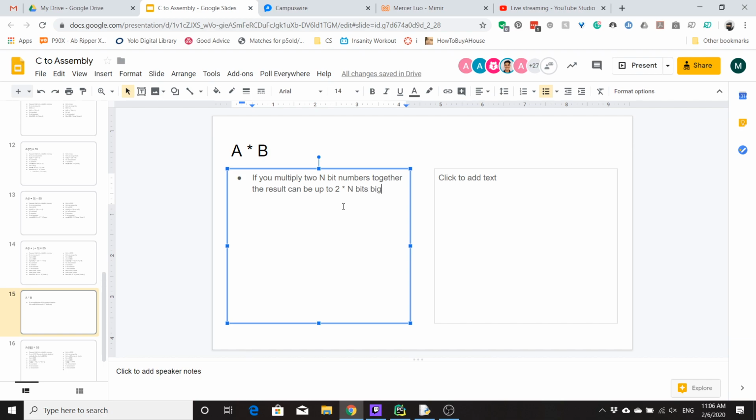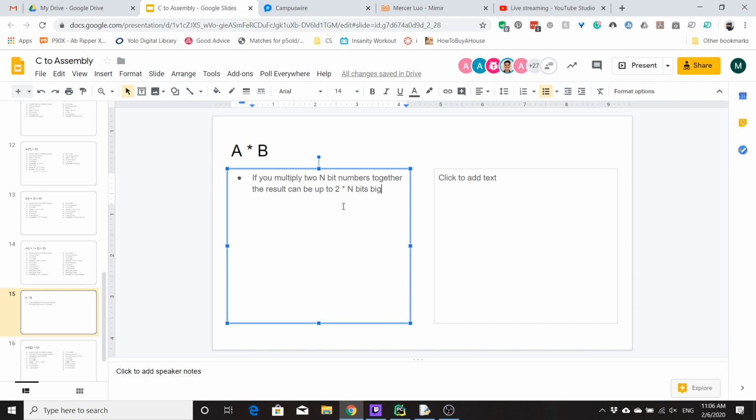So if you multiply two 5-bit numbers together, you can end up with 10 bits as the final result. Or if you multiply two 6-bit numbers together, you can end up with 12 bits. If you multiply two 32-bit numbers together, the result can be 64 bits big, which is bigger than what we can fit into a single register.